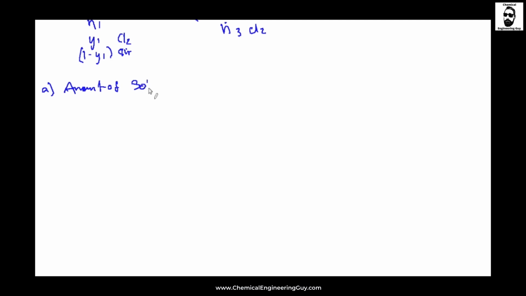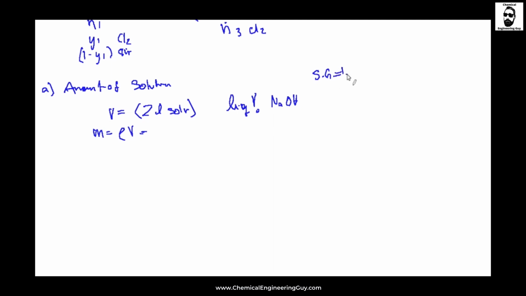Now, the first thing I want to know is the amount of solution used. They tell you it's 2 liters of solution, so I have volume, but I don't want volume, I want mass. We can relate volume and density because it's a liquid, the NaOH solution. I don't have the density, but I have the specific gravity, which is 1.13.